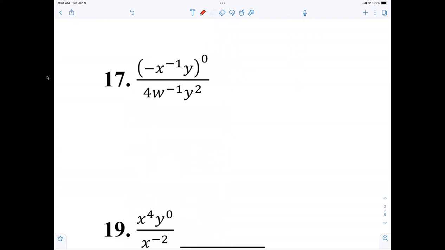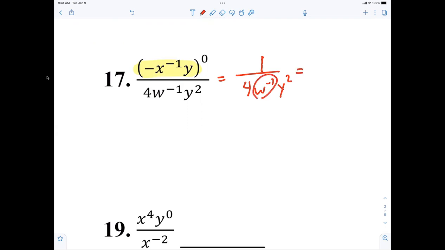Anything to the 0 power is what? All of this right here is 1. Shh. It's not your turn. 1 over 4w to the -1 y squared. Now what do I need to do? You bring the w to the -1 to the top.